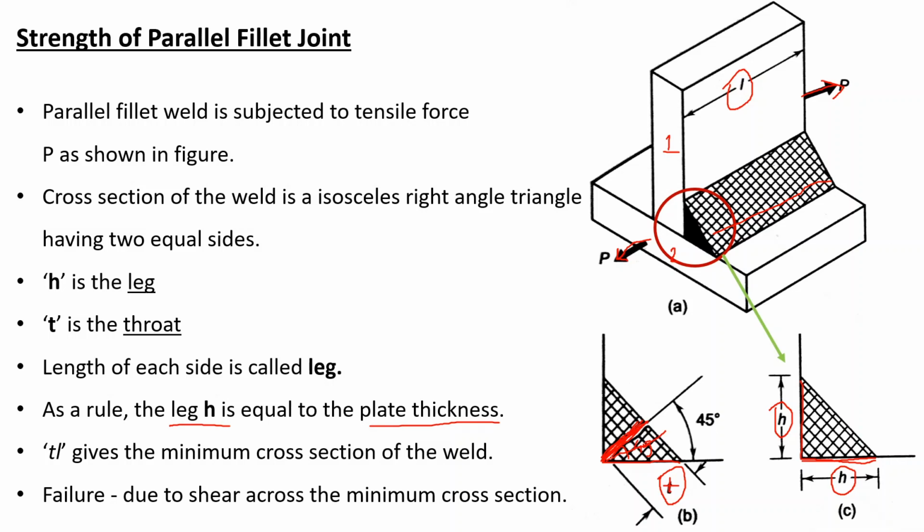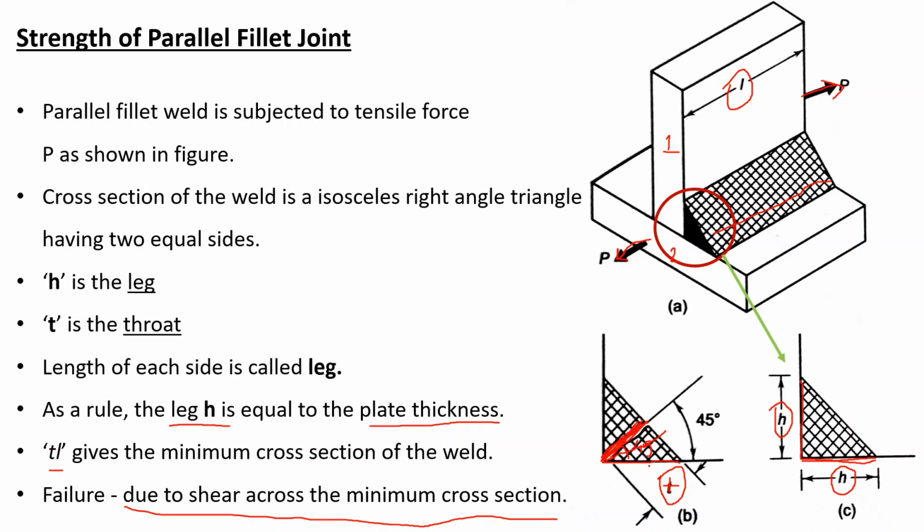Now this parallel fillet weld is prone to failure because of the shear load. It will fail due to the shear across the minimum cross-sectional area, which is through the throat of the weld, and which is equal to T times the length of the weld, where T is the throat of the weld.